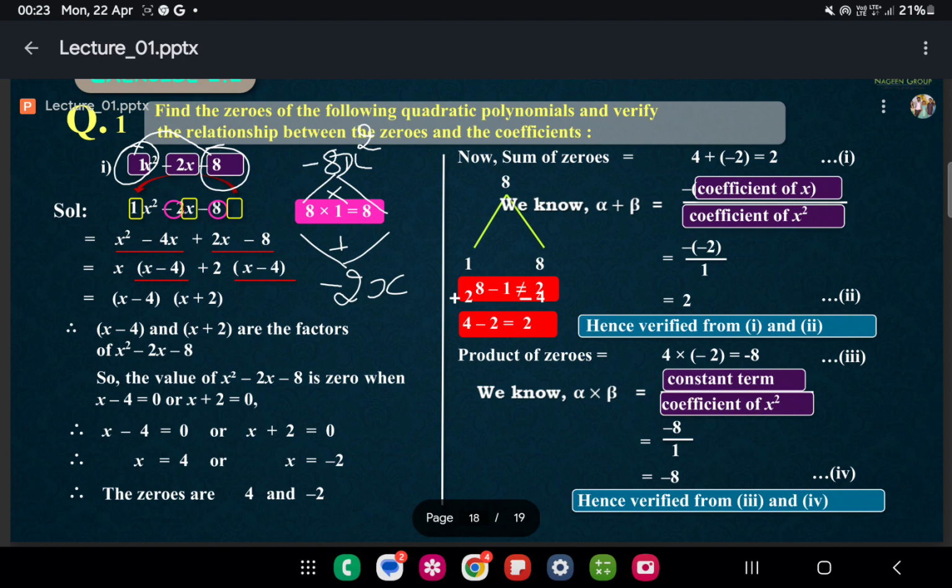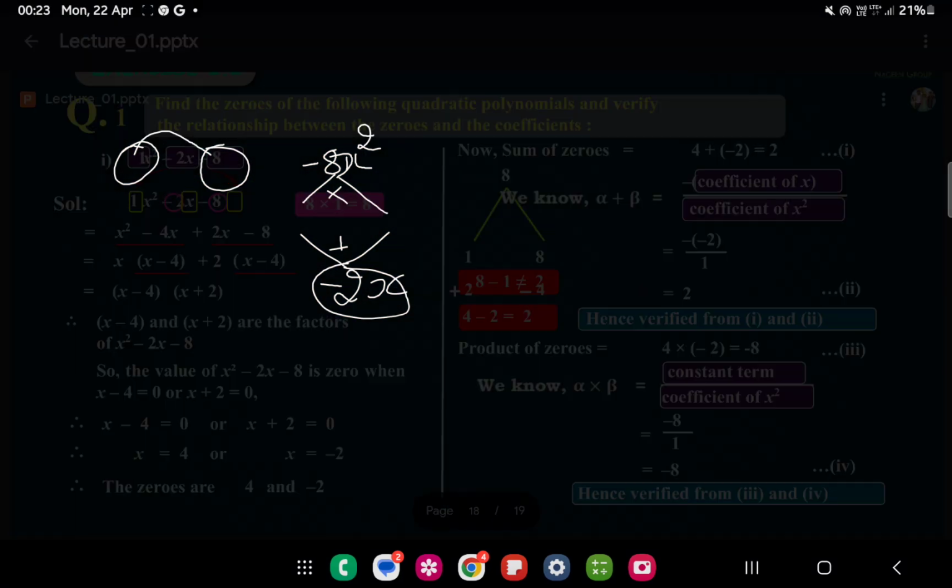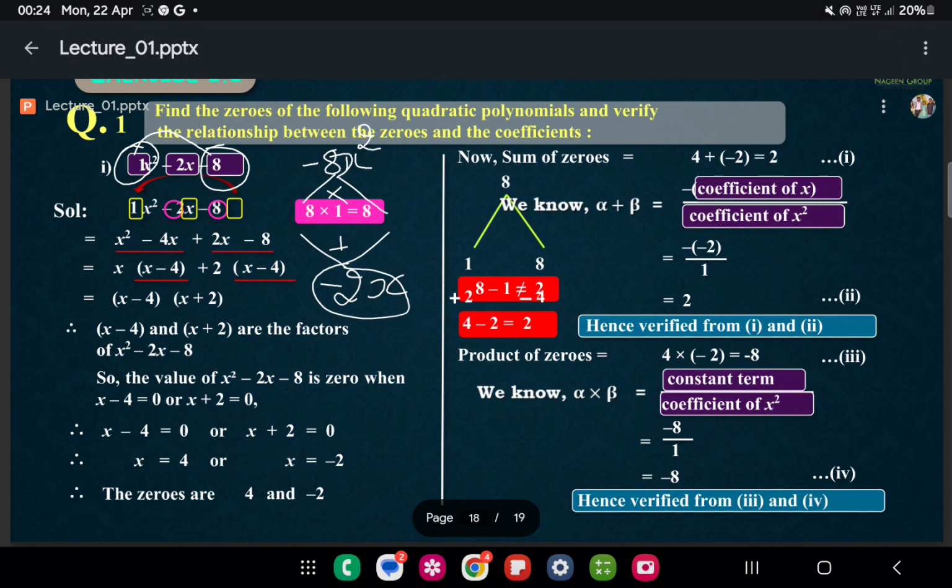Minus 2x should come, so 4 twos are 8. Here the minus sign is there, so we put minus 4, and for 2, minus into plus gives minus. So we have to get minus 2, and the higher value should be minus 4. Minus 4 plus 2 gives minus 2x. So we have written here x square minus 4x, plus 2x minus 8.